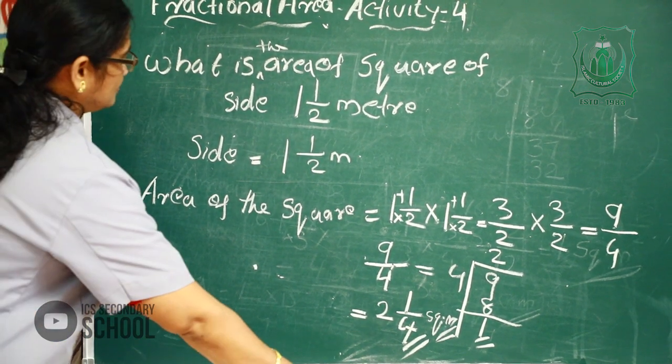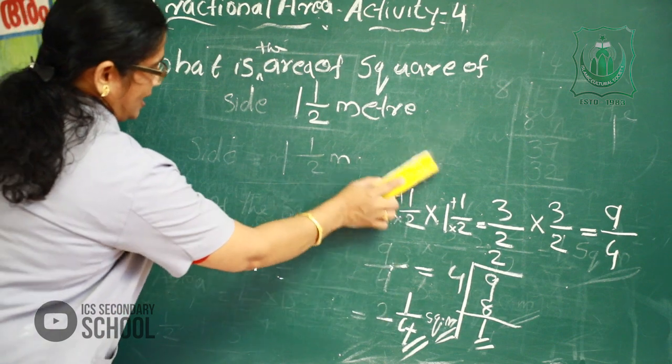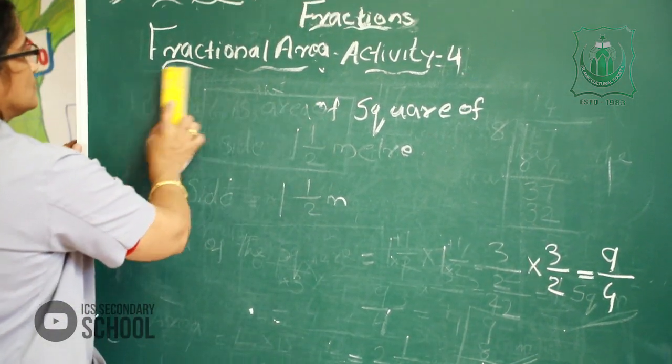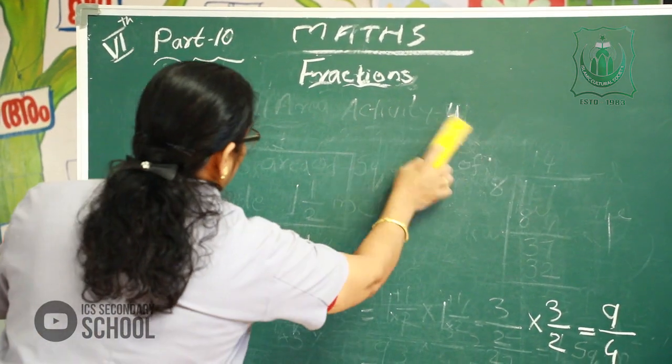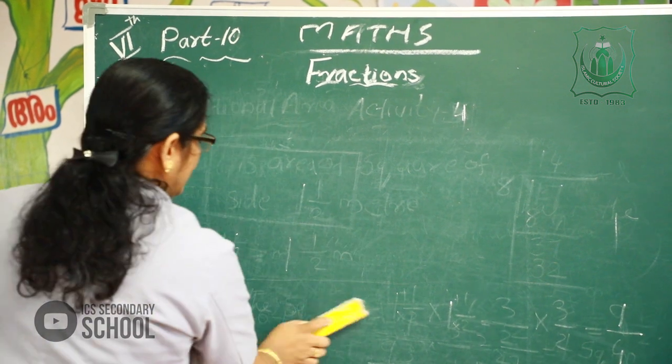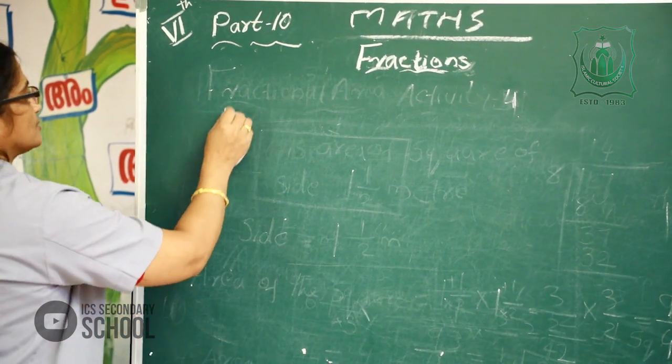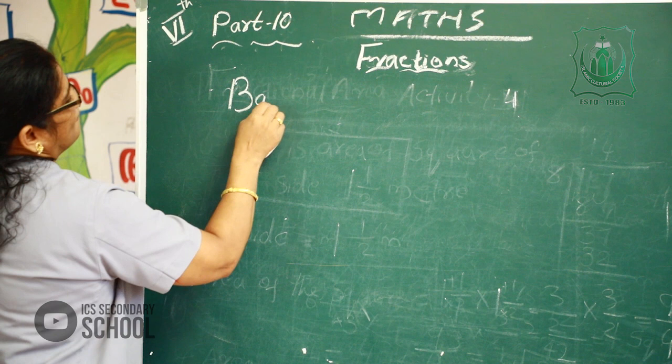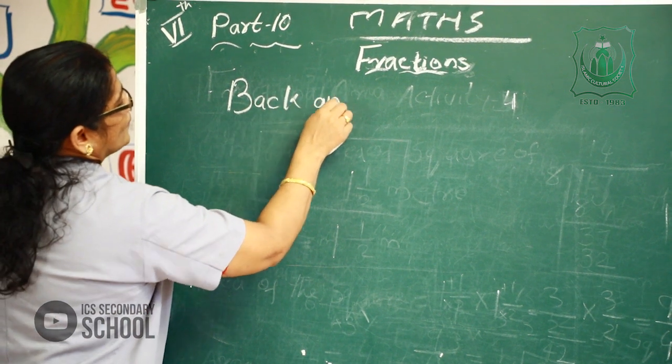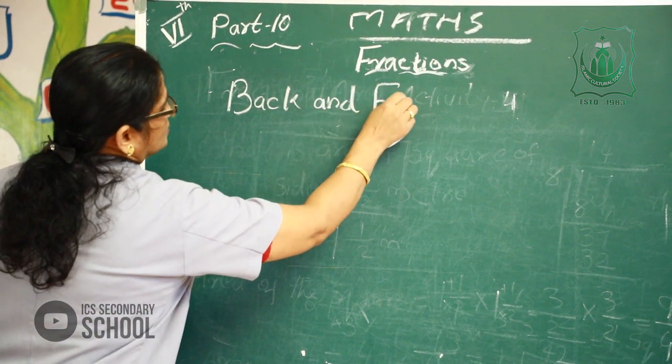Okay. May I clean the board? Next activity, back and forth. Activity name, subtitle: back and forth.